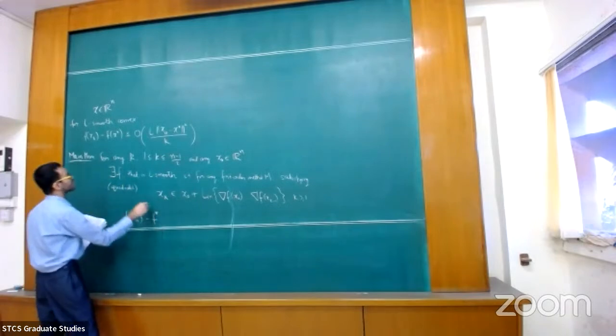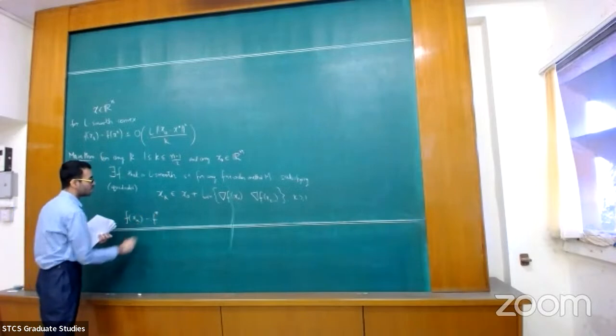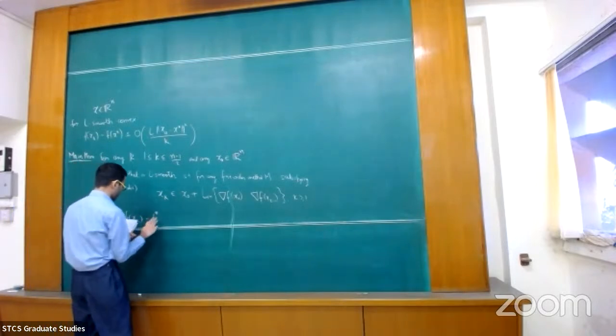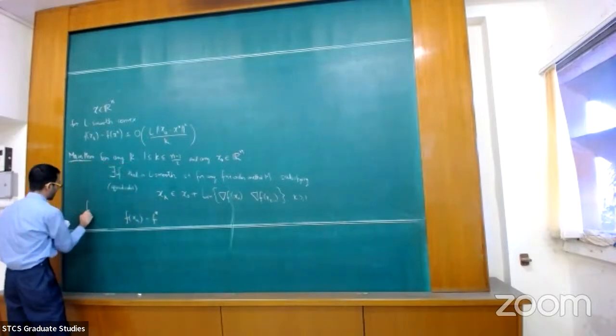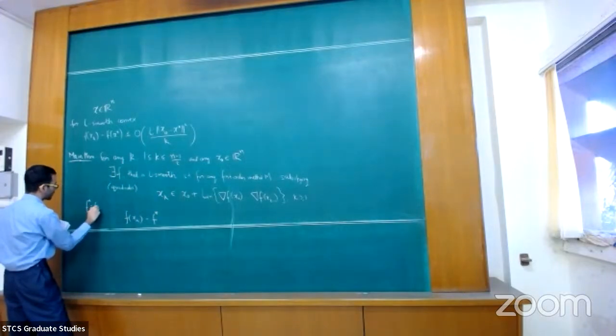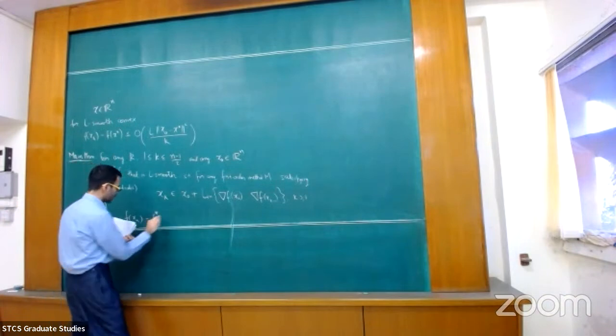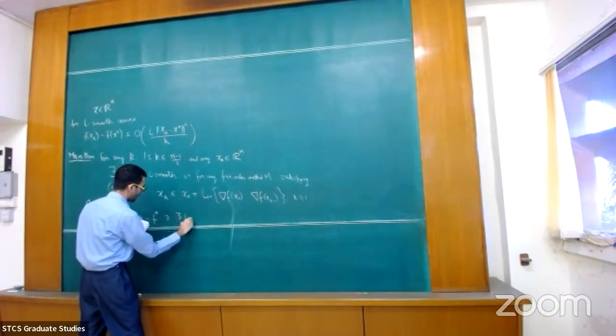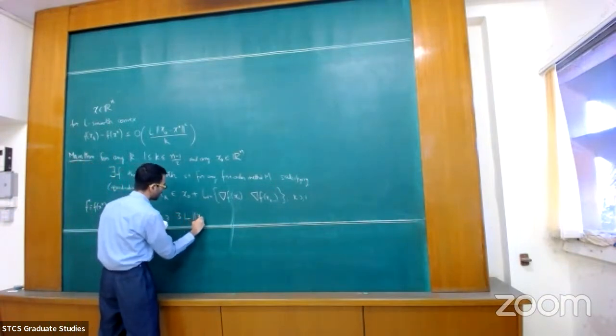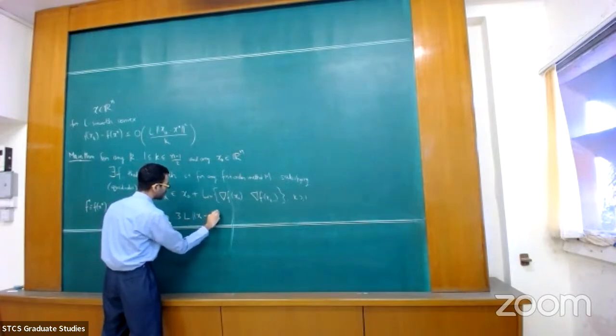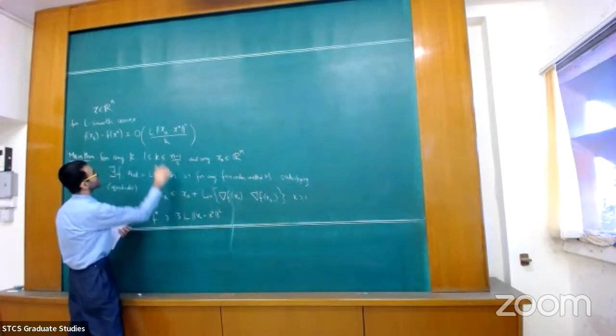F star is the minimum value. And f of xk minus F star is at least a constant times x0 minus x star squared. This looks like this.